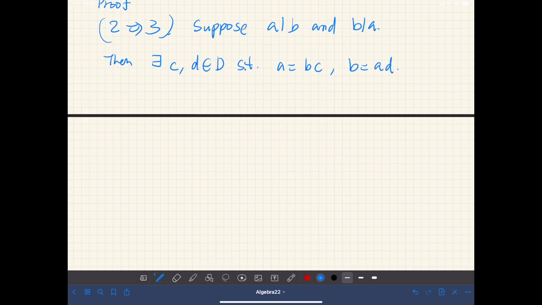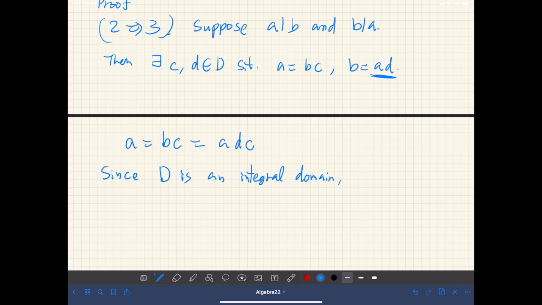So we want to show they're associates. A is equal to BC, but if we substitute B with AD, then we have ADC. But since D is an integral domain, there are no proper divisors of 0.